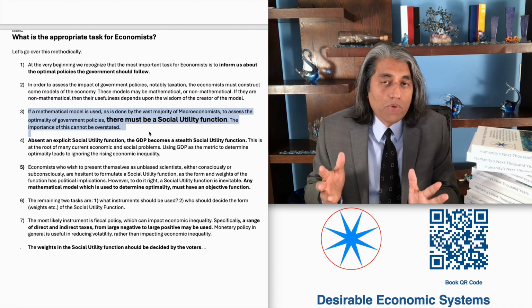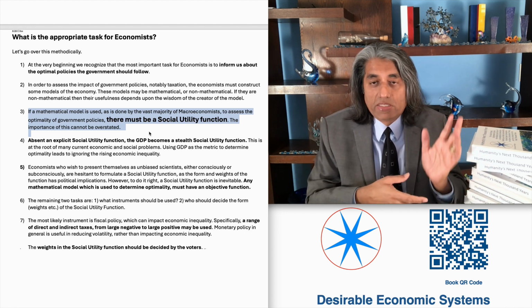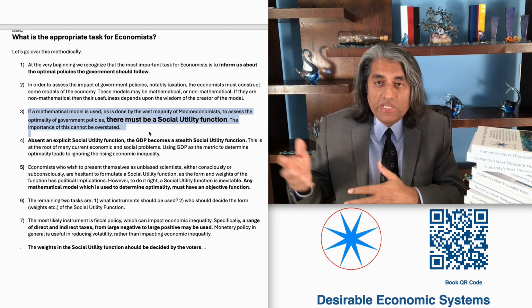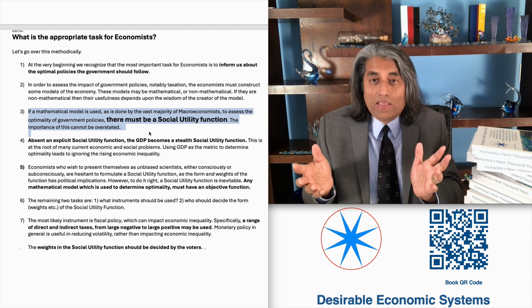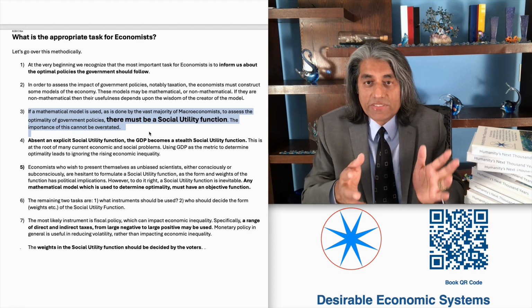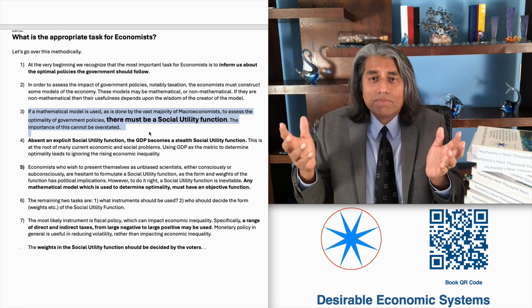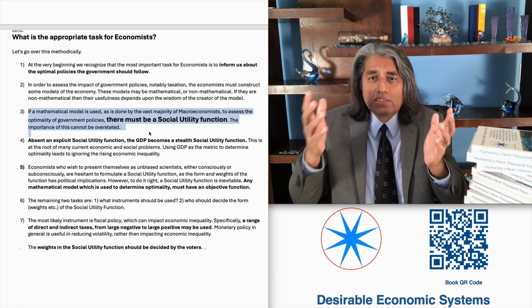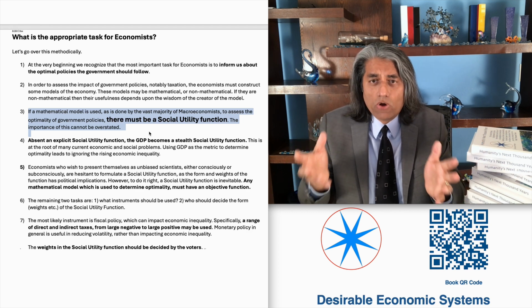You have a model and you're going to change some policy. Let's say you're going to change the tax rate, you're going to change the tariff rates. And then you say, okay, this is what the model says the policy should be for taxes. And then the question is, why is the model saying that?